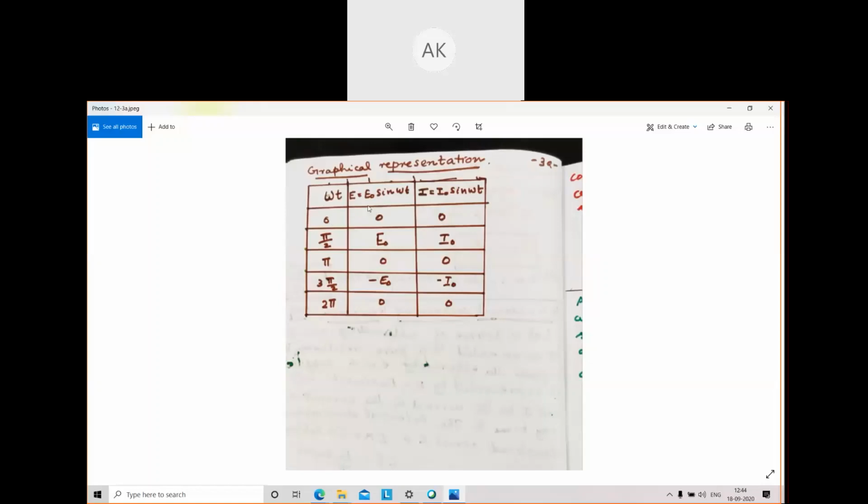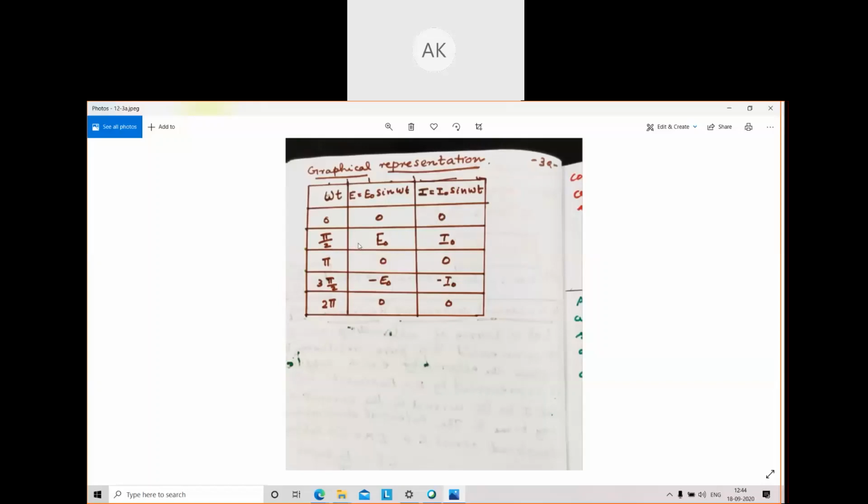What is the EMF? E=E0 sin omega t. Omega t is 0 at the initial position, so both are zeros. E and I are zeros. അതാണ് ആ ഗ്രാഫിൽ നമ്മൾ കണ്ടത്. First we can discuss this, then we can show the graphical representation of this EMF and current. Then pi/2, 90 degree rotating.